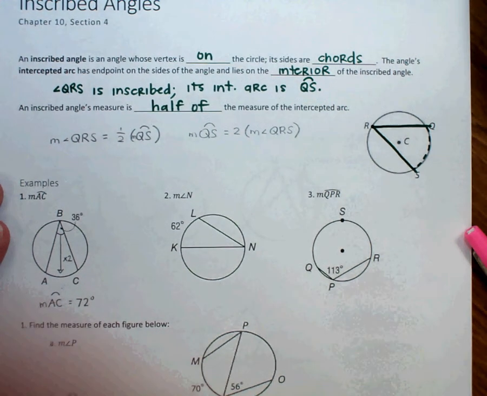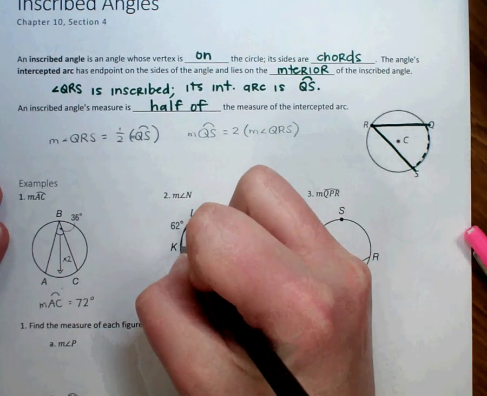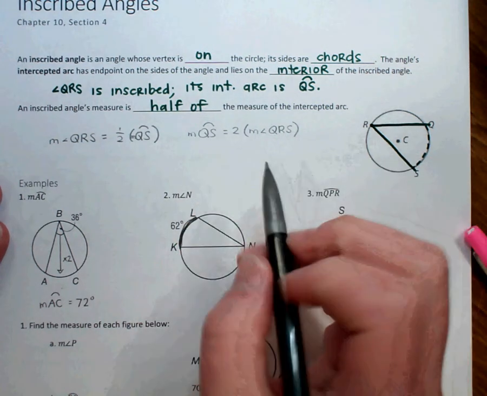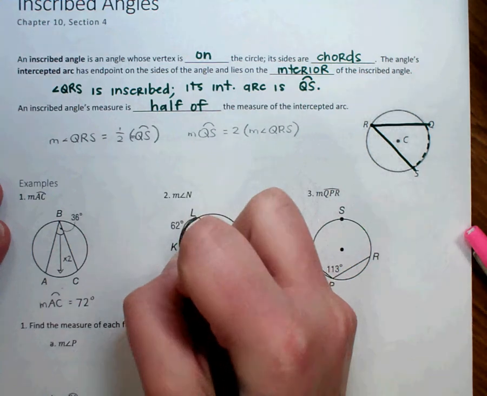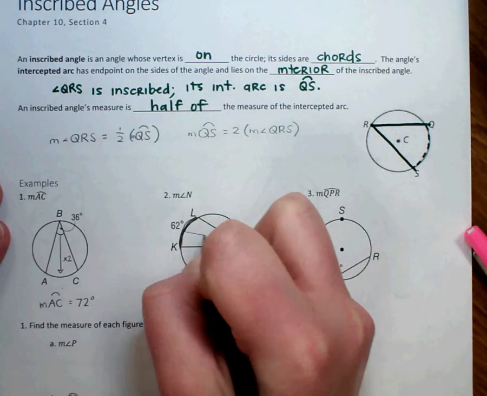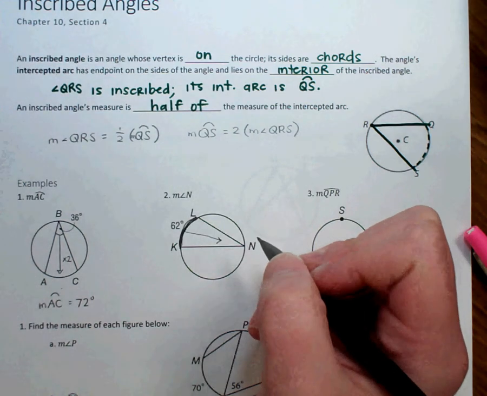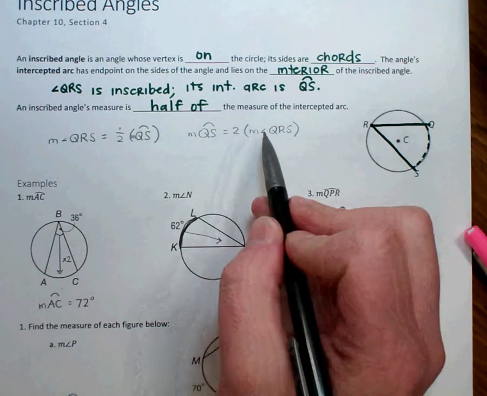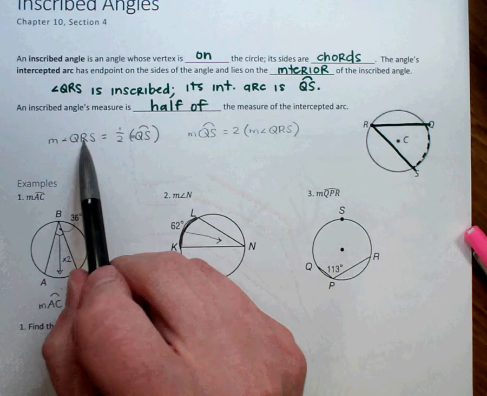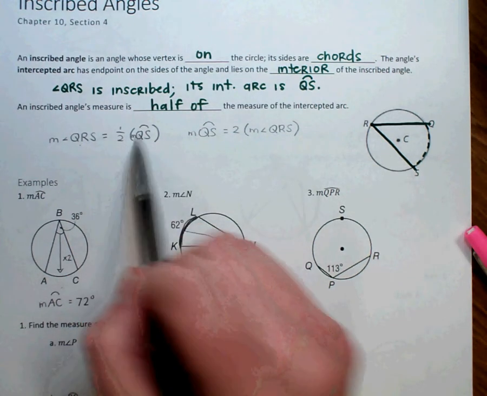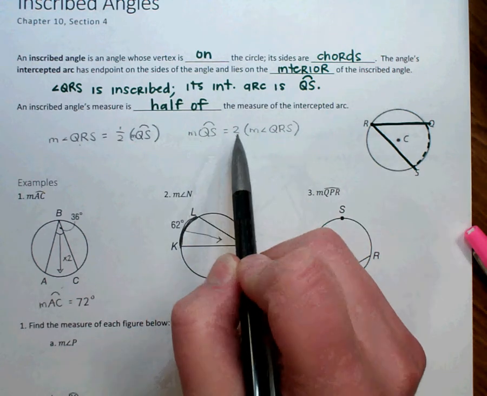The arc is twice the angle. The angle is half of the arc. Get used to saying that specifically. The angle is half of the arc, or the arc is 2 times the angle.